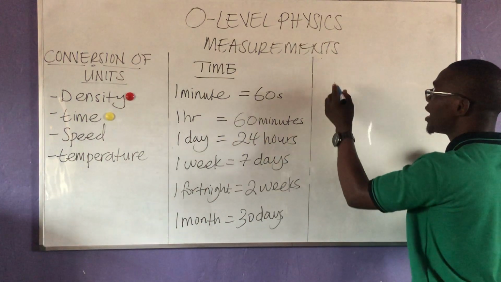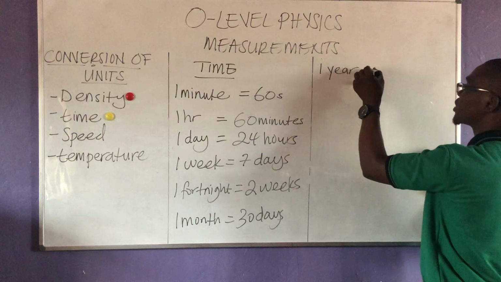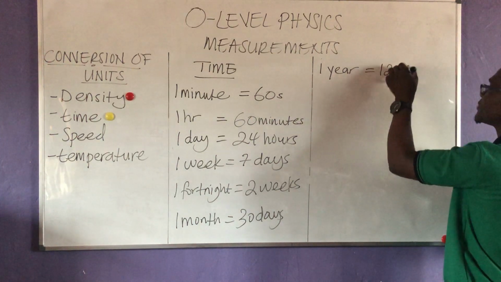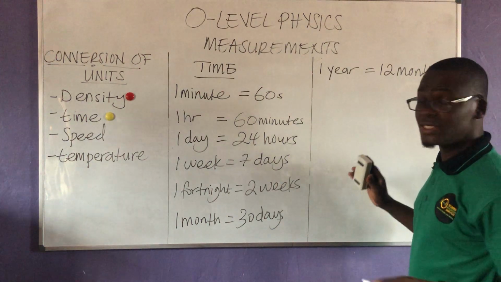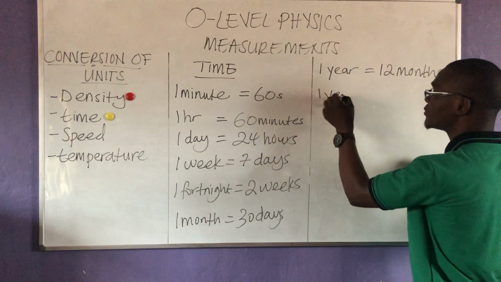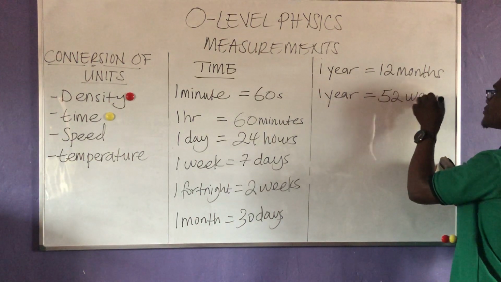Otherwise, we also have 1 year equivalent to 12 months. In terms of weeks, 1 year is equivalent to 52 weeks.